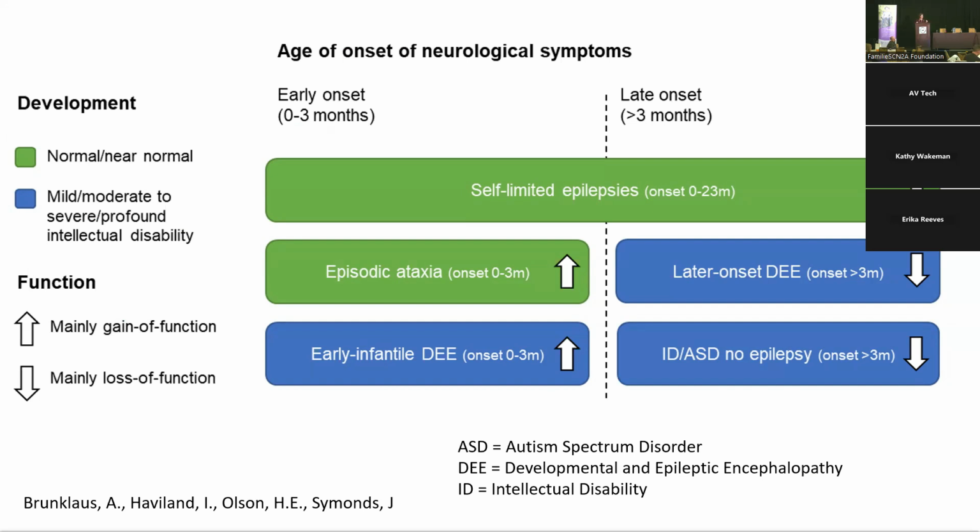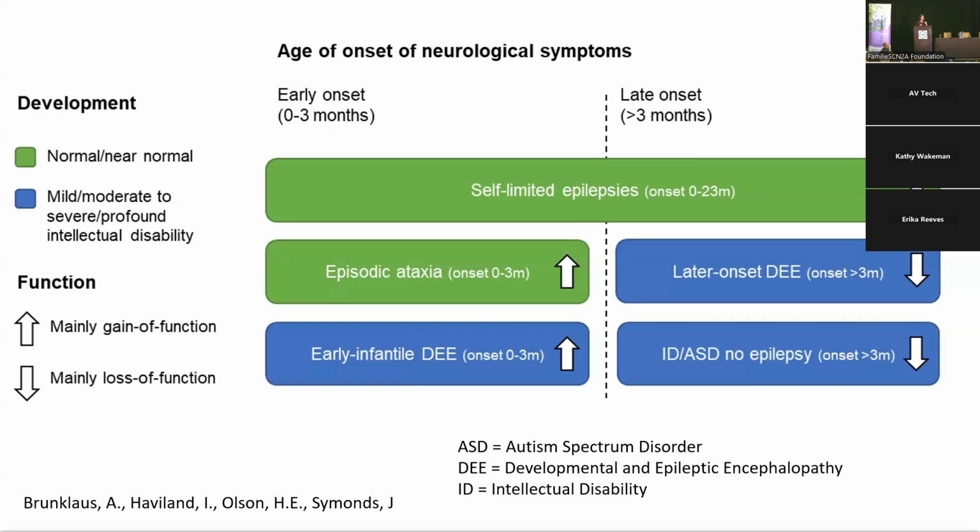Development usually progresses normally, though you can see some milder cognitive and developmental impacts, and you can see seizures later in life in some individuals, but for the most part, there's a relatively positive outcome. And that tends to happen with milder gain of function variants for the most part. Again, the electrophysiology is very complex, as you heard if you were here at the beginning of the day yesterday. So this is not an exact science, but in broad strokes.